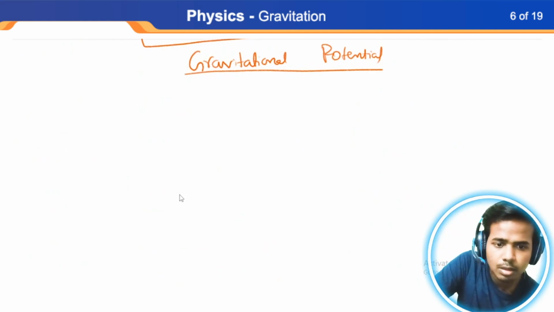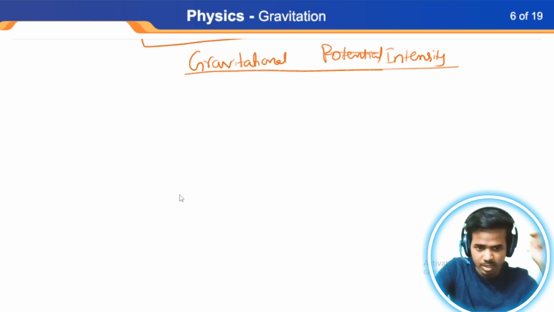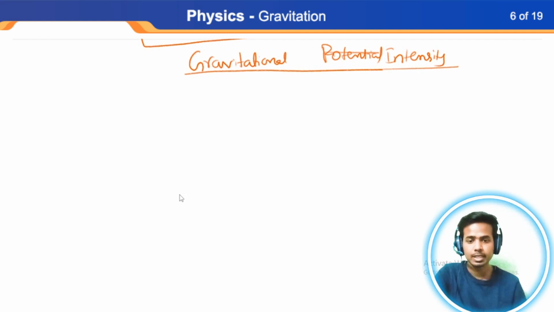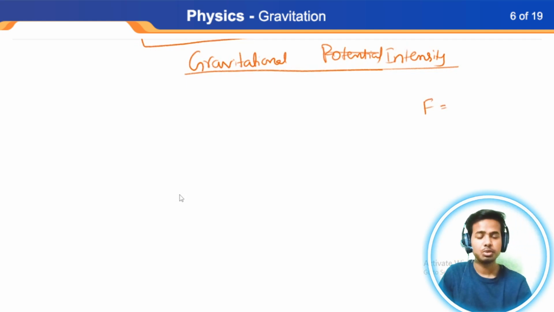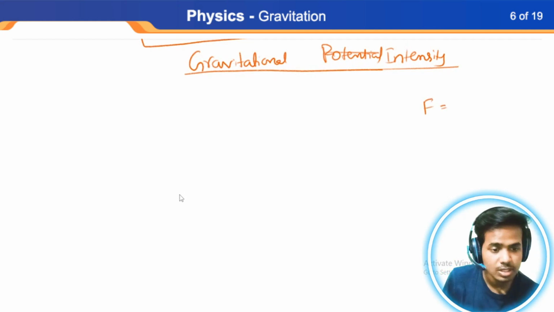Or maybe before gravitational potential, I can take up gravitational intensity. It will be easier for you to understand potential if you have the idea of intensity. First of all, there is this force due to Newton's law of gravitation, which is GMm divided by r square.